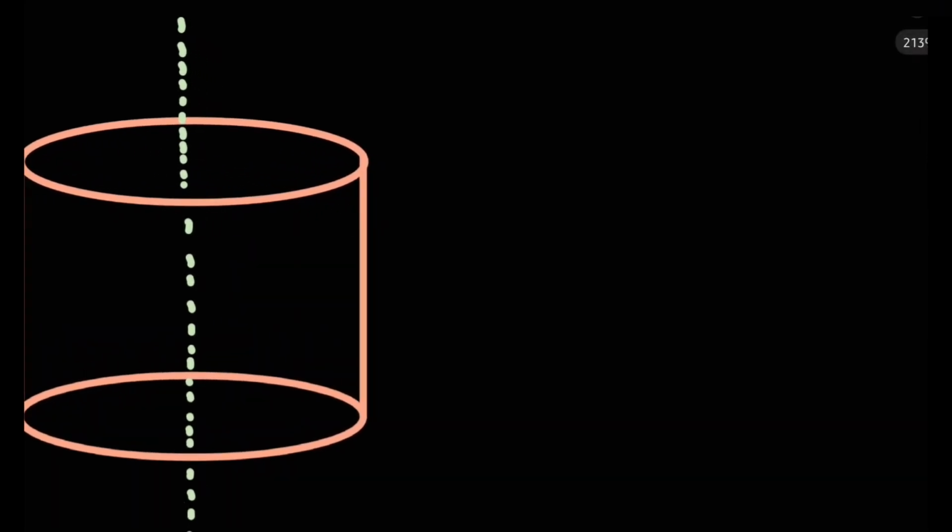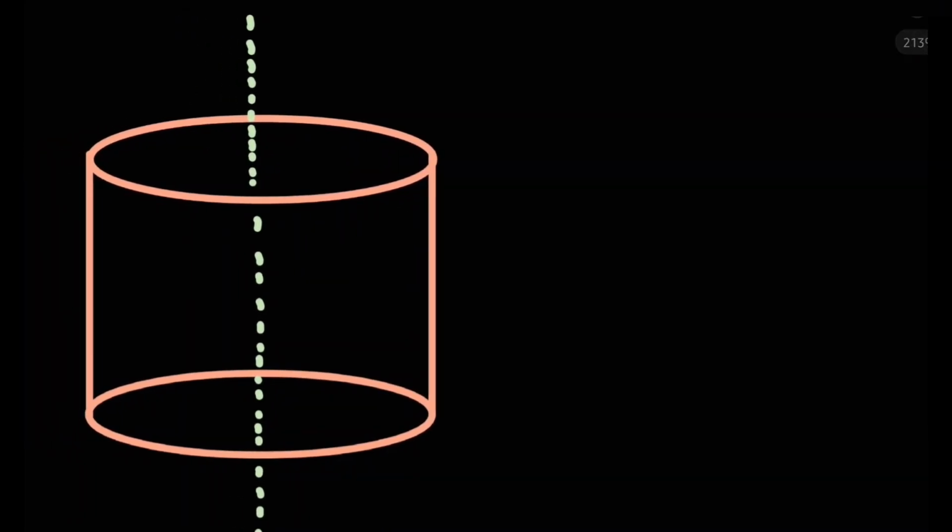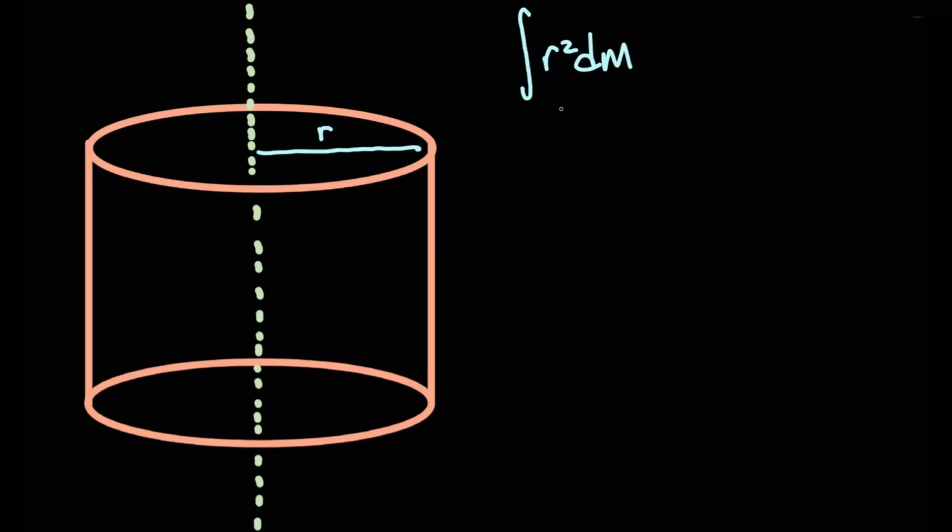So taking a look at our cylinder here, we can try and figure out what this r is. So looking back at our equation, we don't want to actually find r in terms of m. It's much more beneficial to find dm in terms of r.